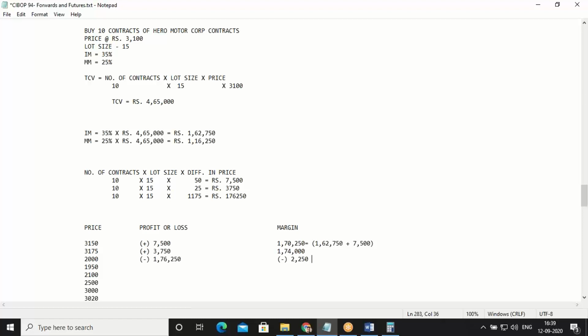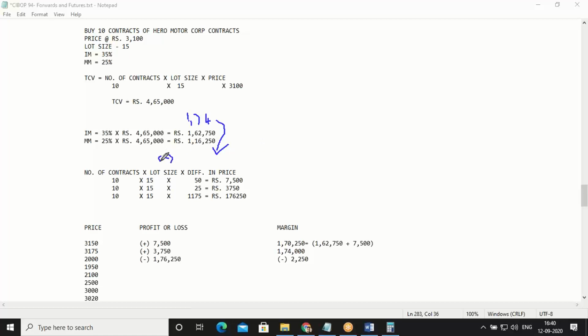Our account balance was at 1,74,000. Now it came all the way down because the price moved against us, and now we are at a negative balance.